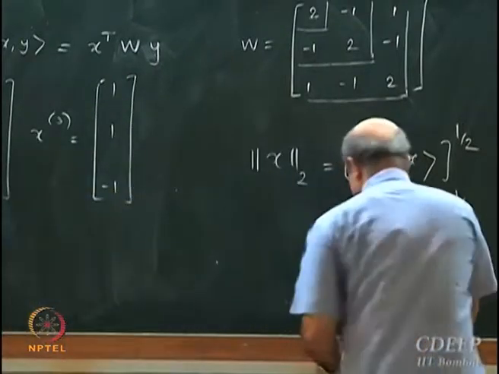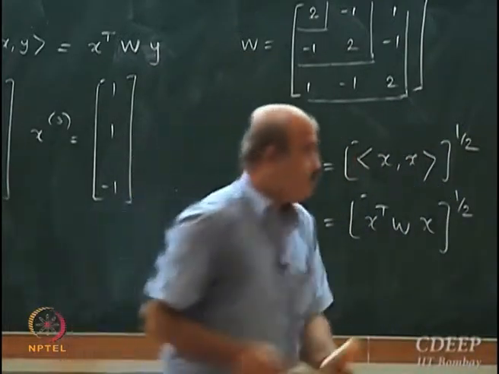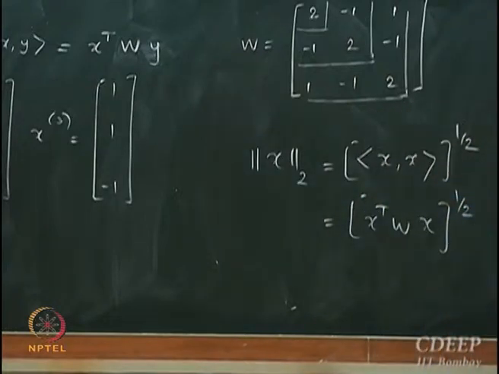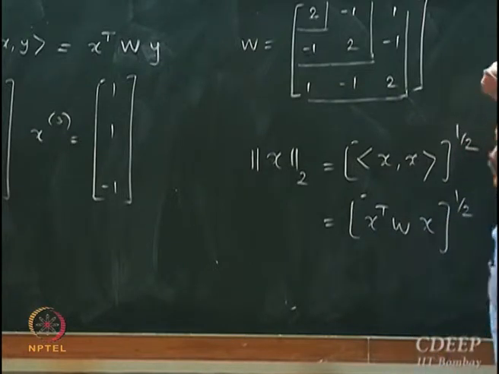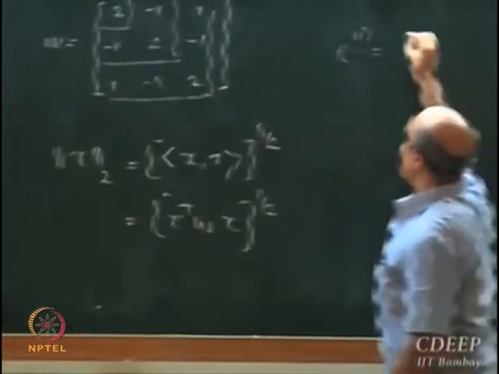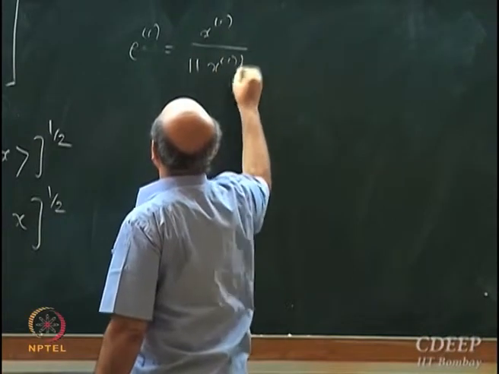What is my first vector? What is the very first vector, what will be E1? E1 is x1 divided by norm x1.